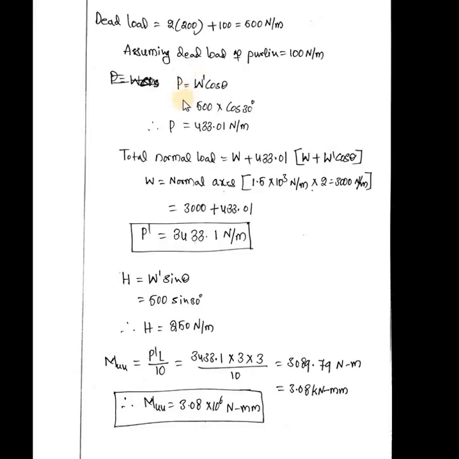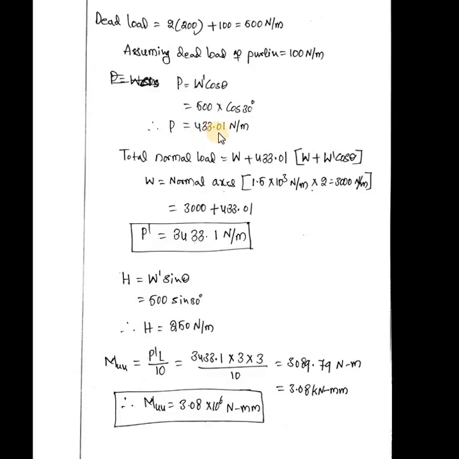Now coming to P load, this is W dash, 500 you can consider as W dash. P is equal to W dash cos theta. Here P is normal to the top chord. Dead load acts with some inclination, so we consider W dash cos theta, where W dash is 500 and cos theta is cos 30.